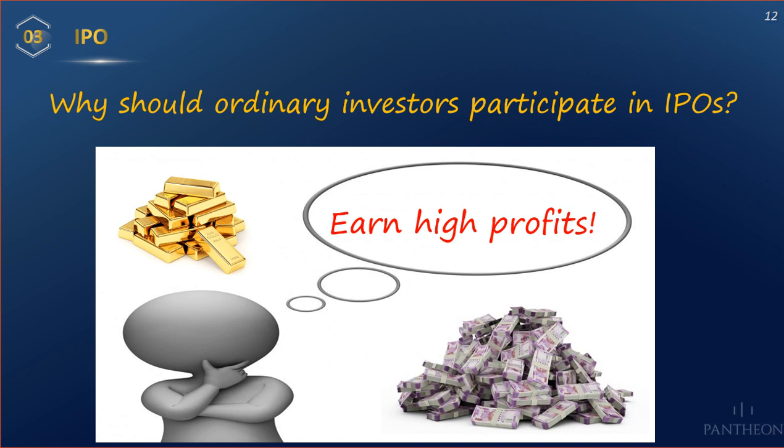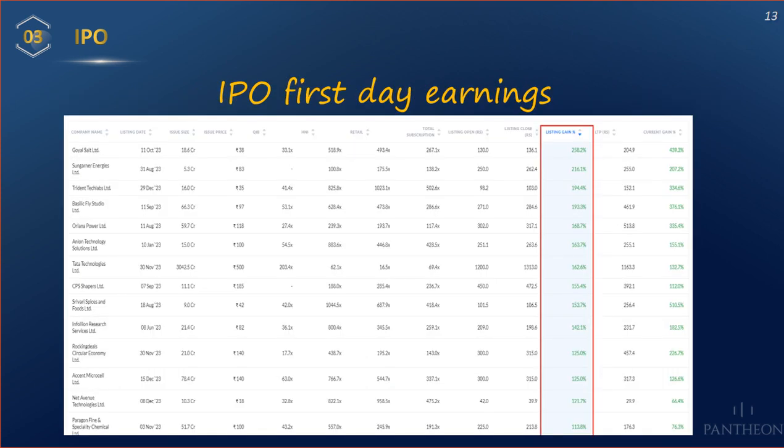Okay, let's take a look at the statistics for IPOs. According to data statistics, in 2023, there were 18 stocks that gained over 100% on their first day of trading, with some IPO-listed companies achieving over 200% or close to 200% returns. This is one of the most important reasons why people are actively participating in IPO subscription.